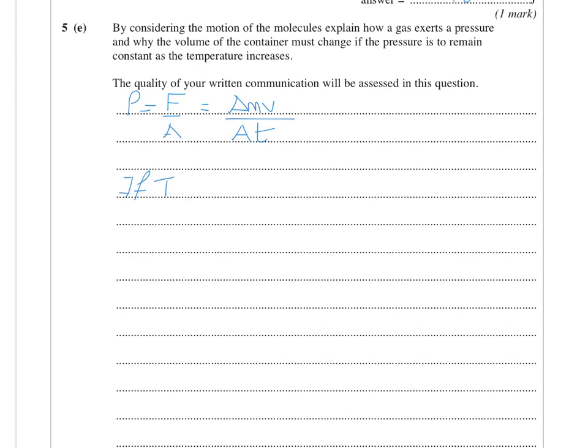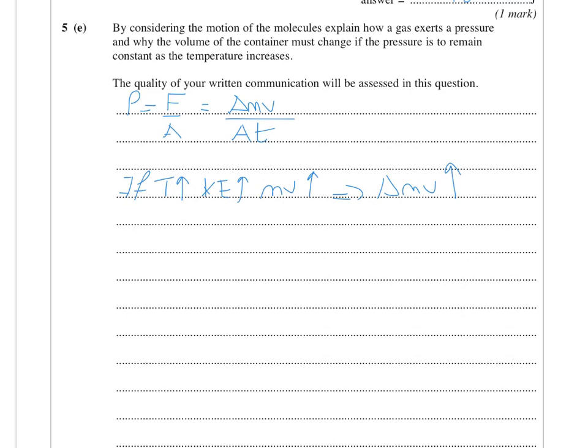So if the temperature increases, that means the kinetic energy of the molecules increases, which means the momentum of the molecules increases. So that would mean your change in momentum, or your top line, has increased. So that's going to result in an increase in pressure on the container.